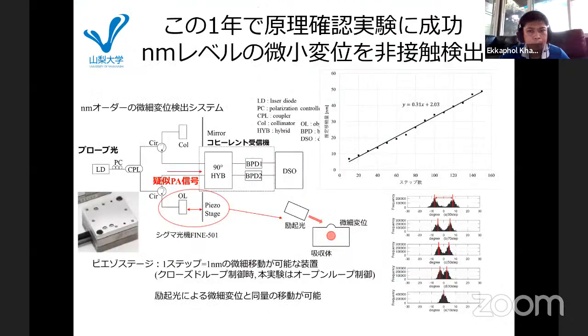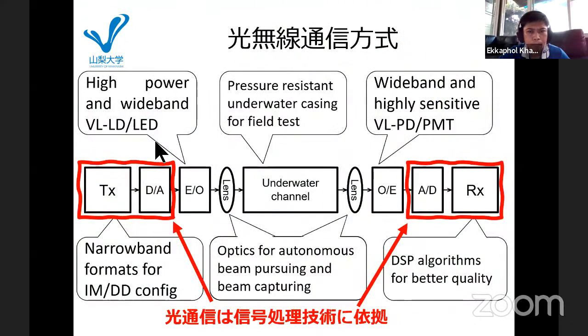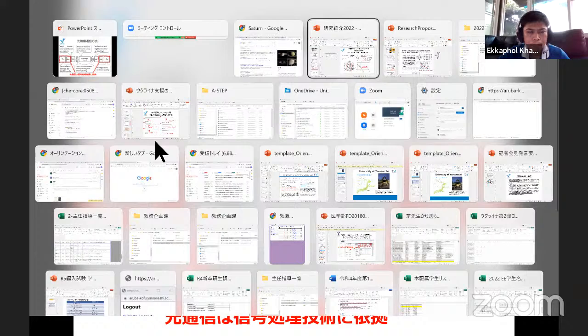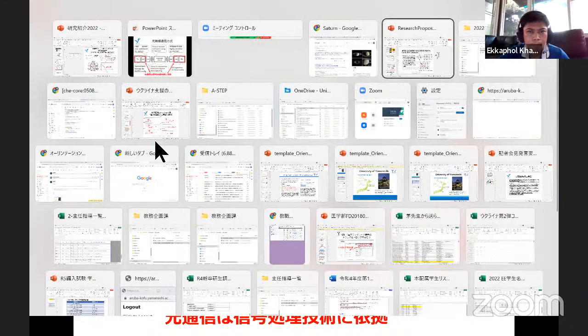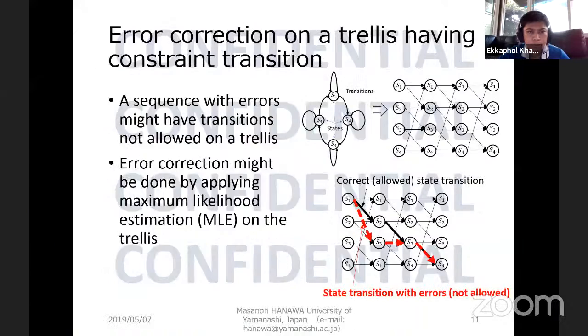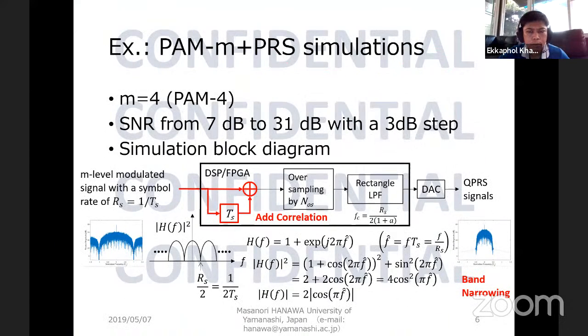Okay, let's go back to the TRS case. We generate the signal with this encoder. It means 2 consecutive outputs have correlation because we send the same symbol twice.